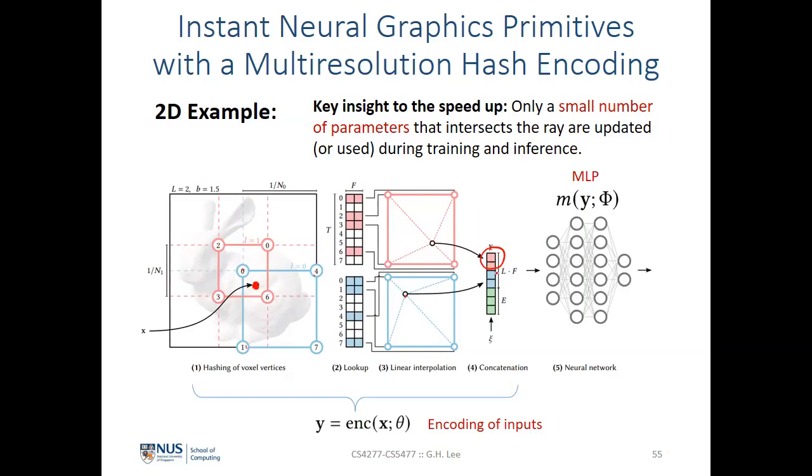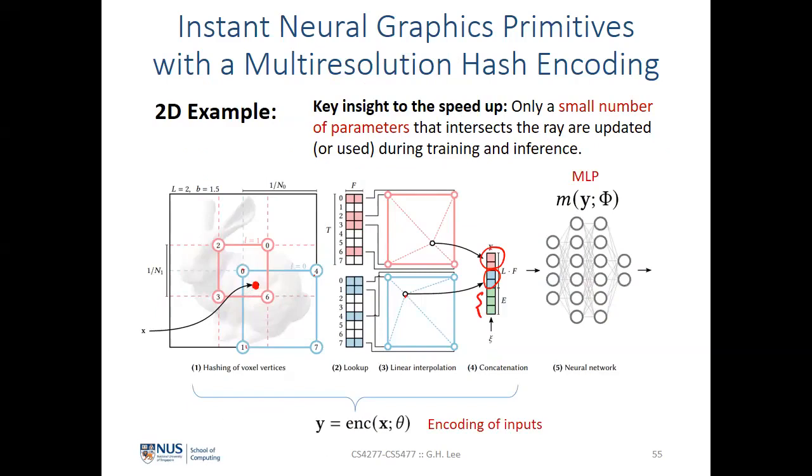Then you interpolate, and you get the other part of the feature, and you concatenate them together. There's also a bias term here, a bias weight that you learn.